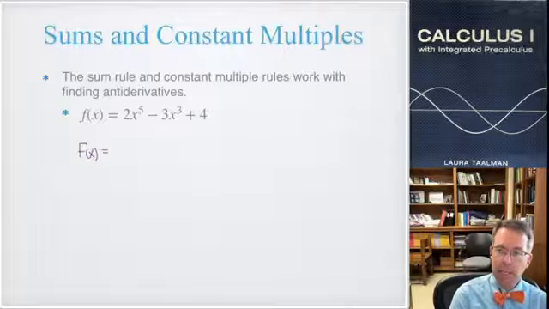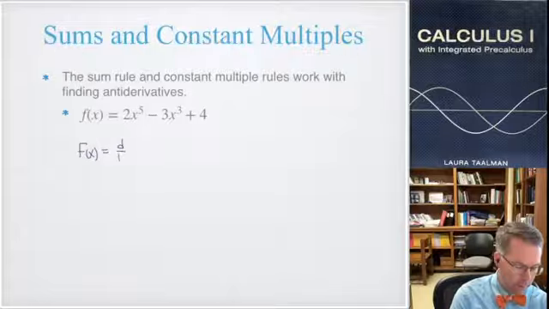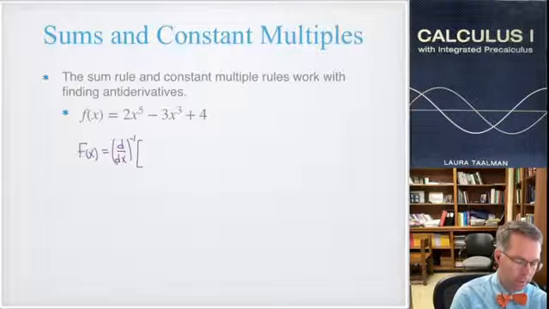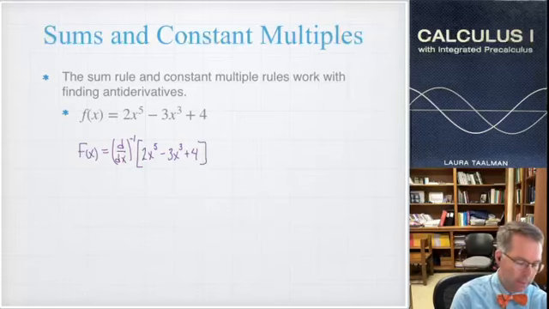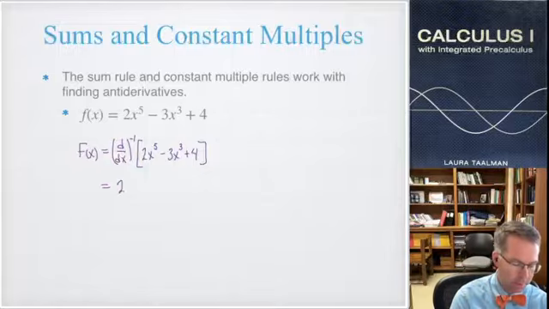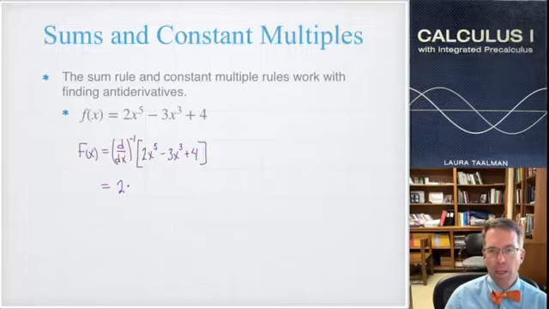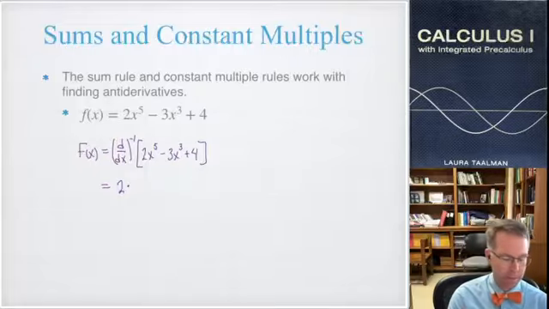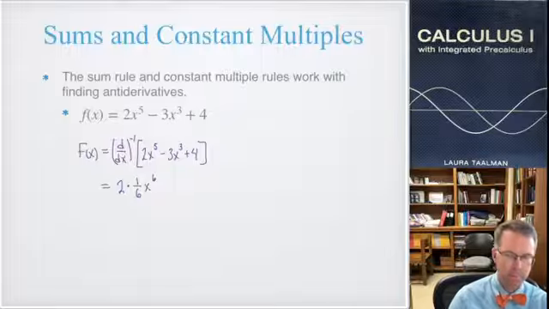I'm going to undo a derivative, so d dx inverse of 2x to the fifth minus 3x cubed plus 4. I'm going to focus on one term at a time, constant multiple, and then an antiderivative of x to the fifth, which we know is 1/6 x to the sixth.